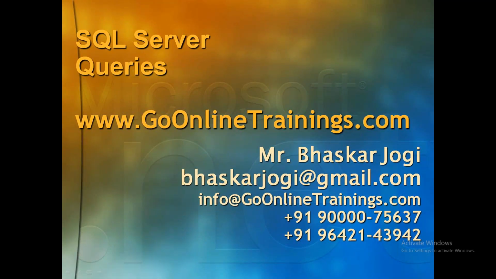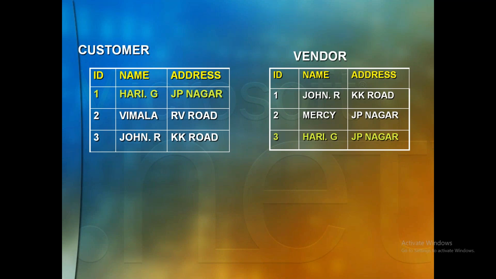Now, I wanted to tell you there is a customer table and there is a vendor table. I have two tables: ID, name, address, and I have some data. Okay, these two are independent tables. That means no primary key and foreign key relationship. Remember this point. These two tables are independent tables.